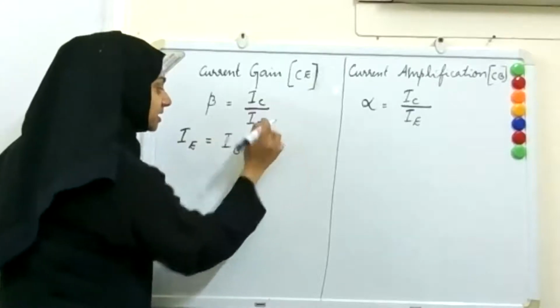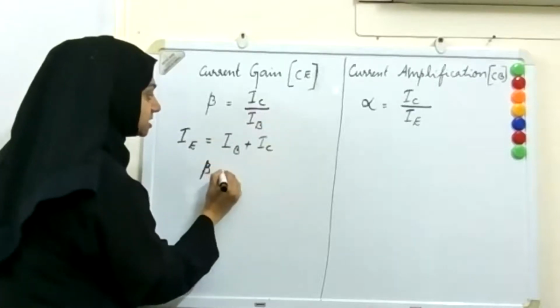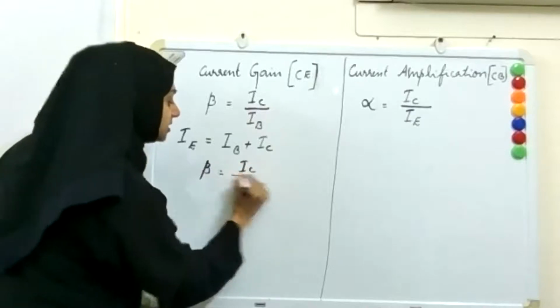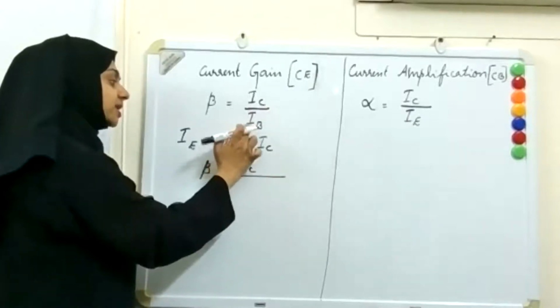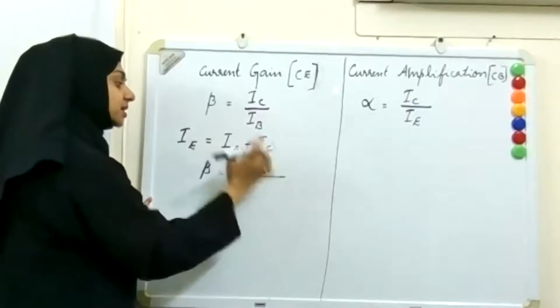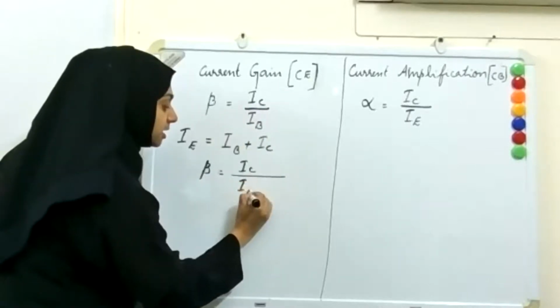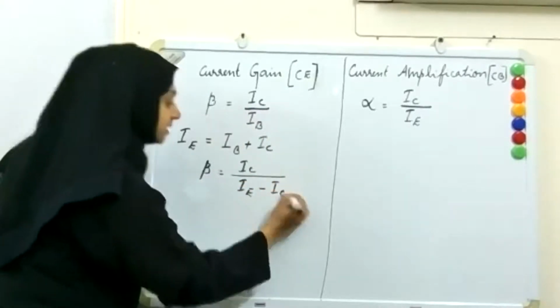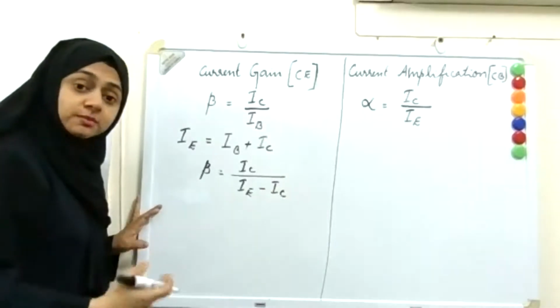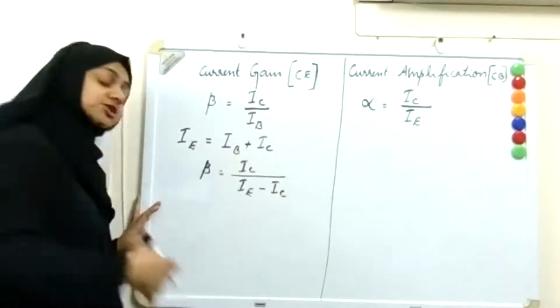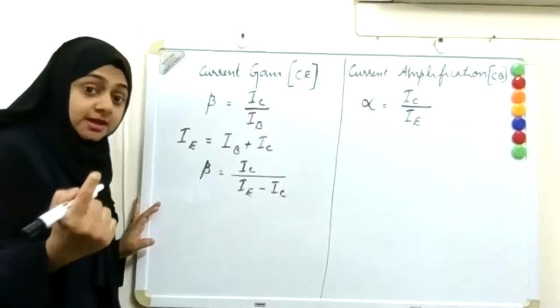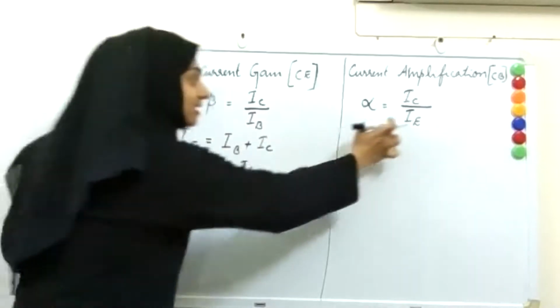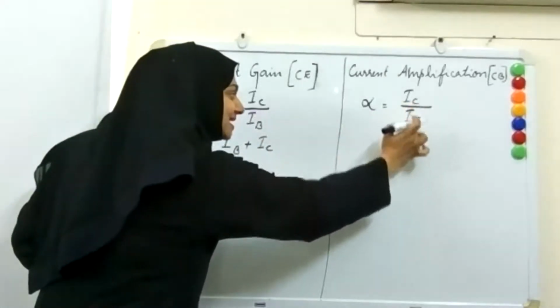So I can write here in this equation beta is equal to IC divided by, instead of IB, I am writing IE minus IC. Okay. Now let me divide this expression throughout by IE, because here we need a denominator IE, right?